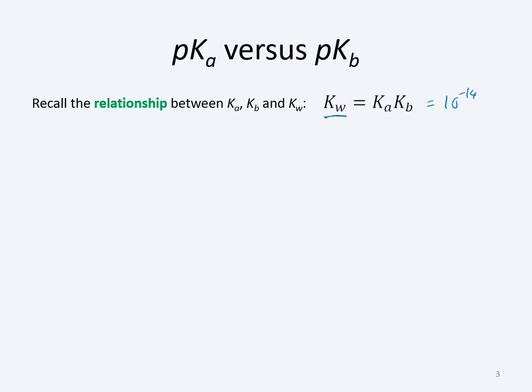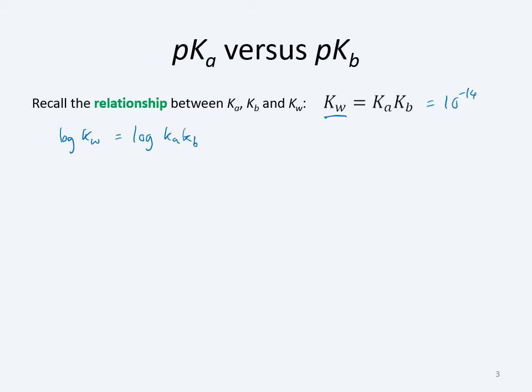So what we can do is ask, what about log Kw? We can take logs of both sides, so log Kw is equal to log of Ka times Kb.